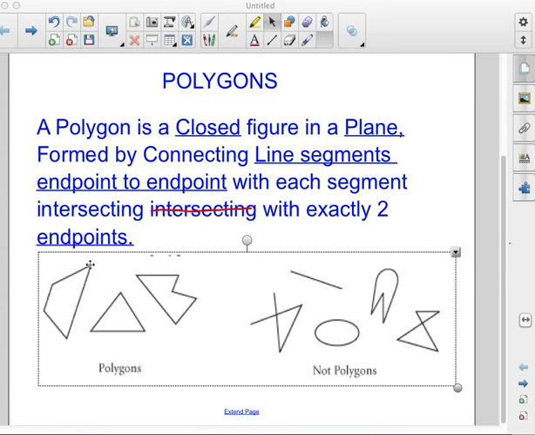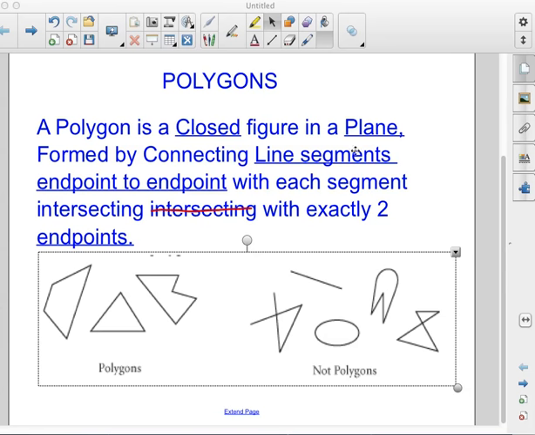Well, this right here has two endpoints. This one has two. This one has two. So if you notice, all the segments connect with two endpoints. This one doesn't. This one has no endpoints. This one doesn't meet the other criteria.